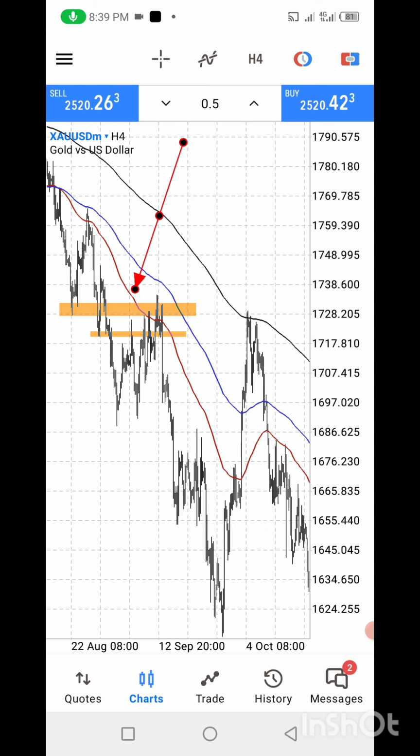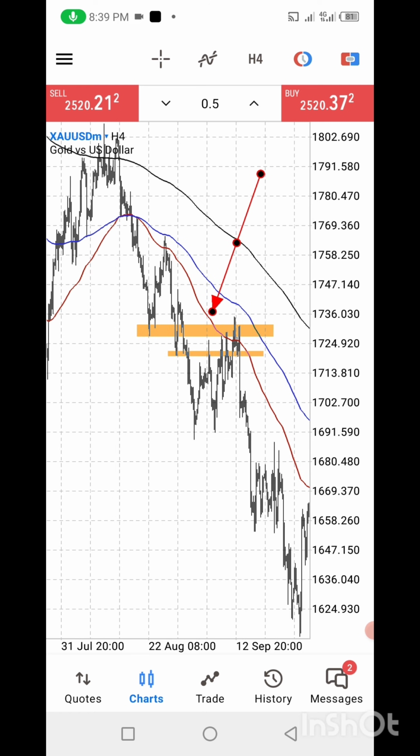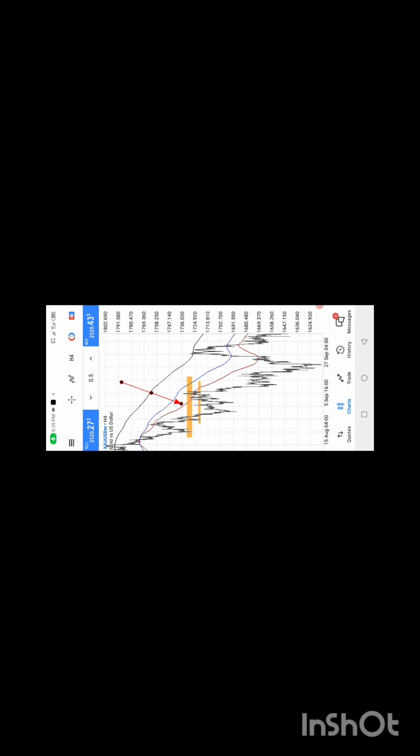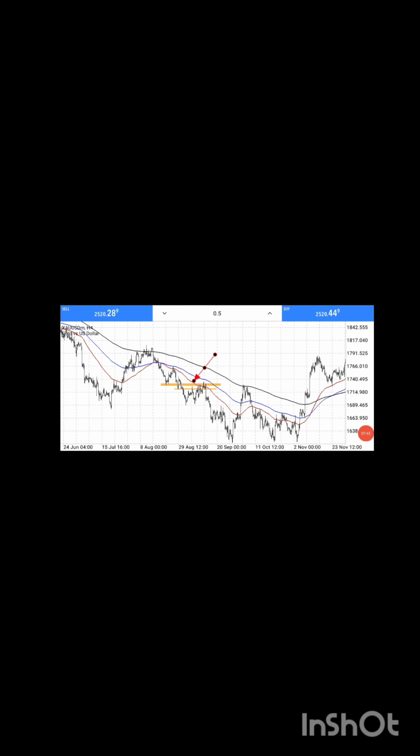Okay, so for repulsion in a downtrend, basically you study the characteristics of the loop. The characteristic is that each time price reacts to red and blue, it ejects a sell signal. So as it's coming to this red and blue, we expect a sell. Definitely it must sell. That's the characteristic.